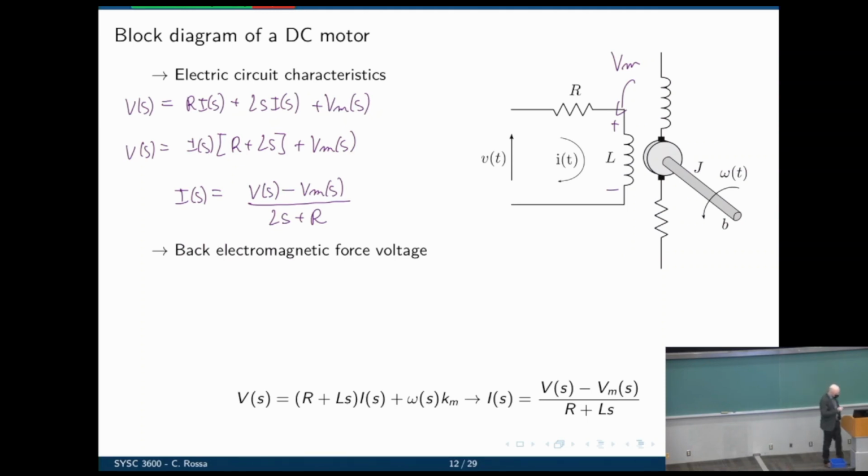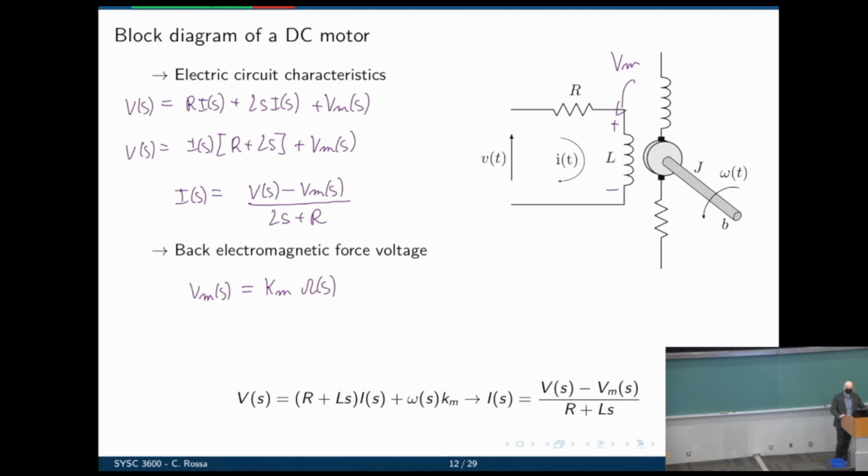So we can say that this induced voltage is proportional to the speed of the motor, where Km here is simply a constant that depends on how we build the motor. Omega s is the speed. So what you're saying is the faster it turns, the more voltage it induces in the rotor, which is pretty much what Faraday's law states. If you have a conductor in a magnetic field, the relative speed between them will create a voltage, and that voltage is proportional to the speed between the magnetic field and the conductor.